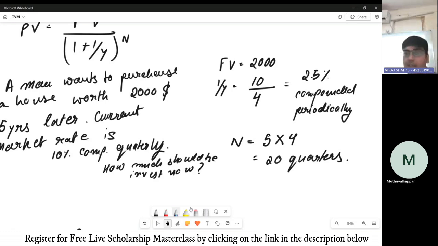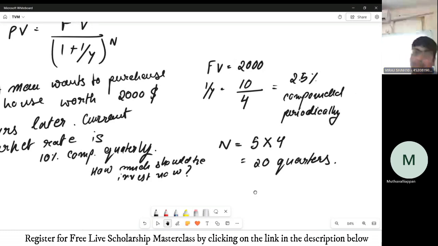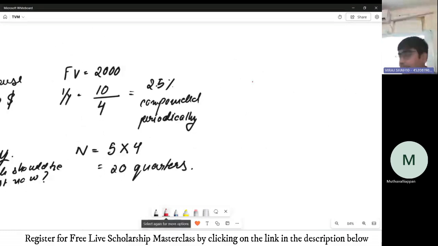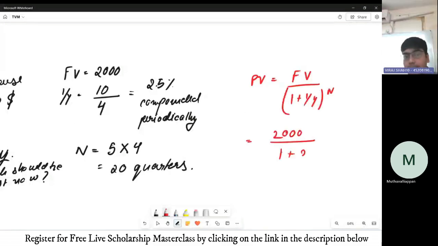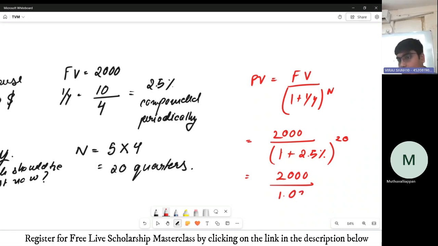PV is equal to FV by 1 plus I by Y to the power N. FV is 2000. 1 plus 2.5% to the power 20. Clear? Can I write this as 2000 by 1.025 to the power 20? Can I write this as this? Clear?